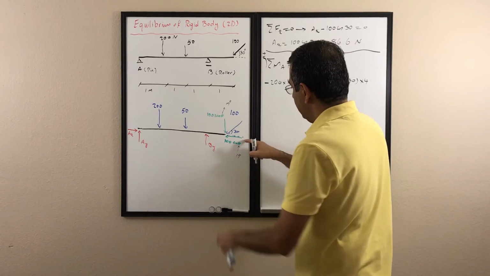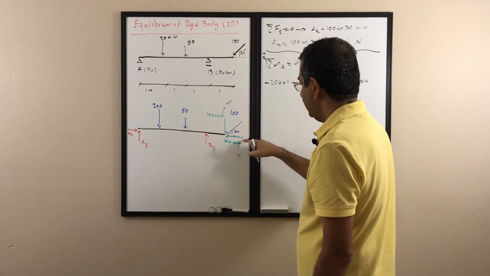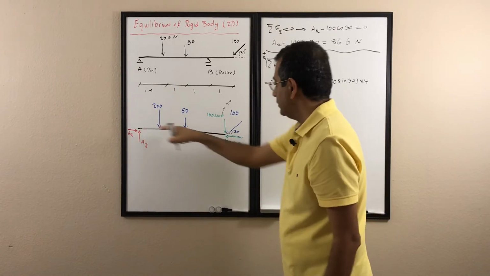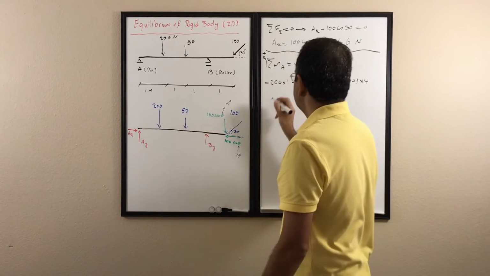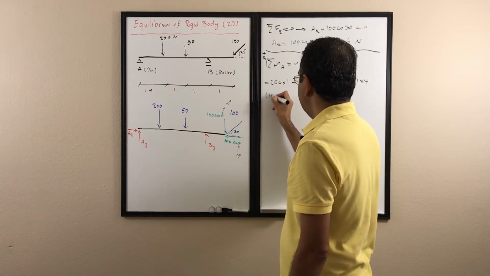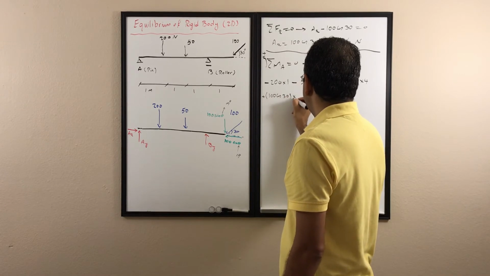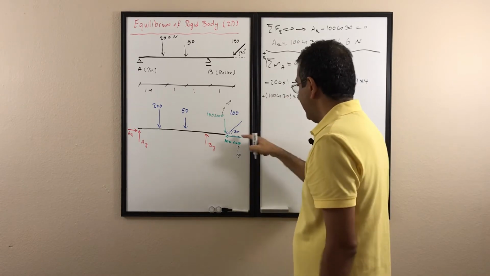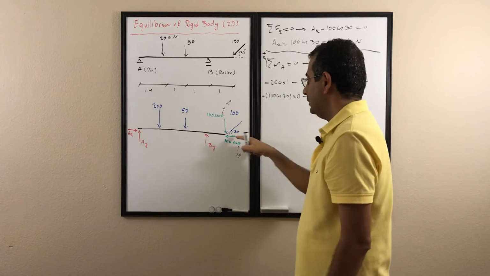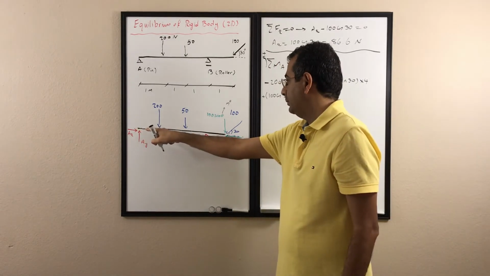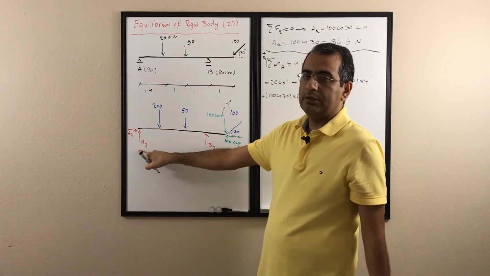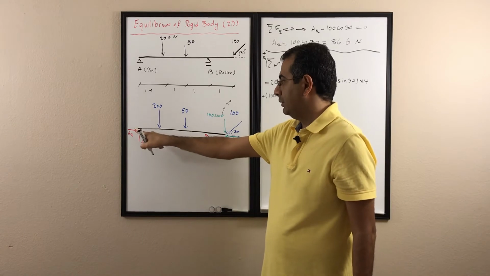And then the 100 cosine 30 times 0, because it passes through point A, so it doesn't have any moment. The AX and AY also don't have any moment because they pass through point A.